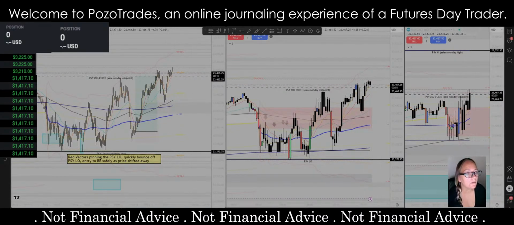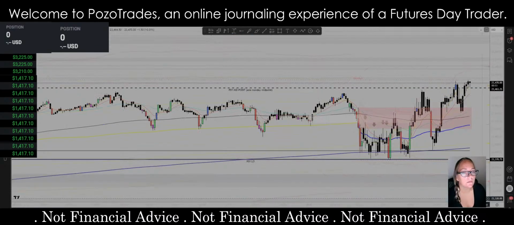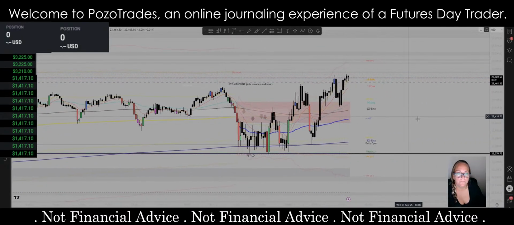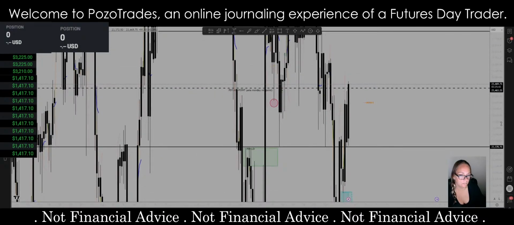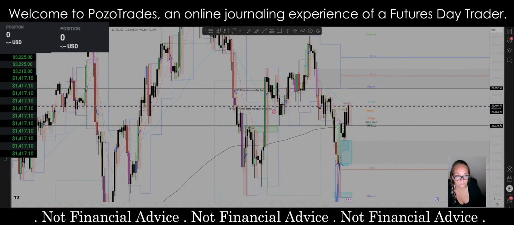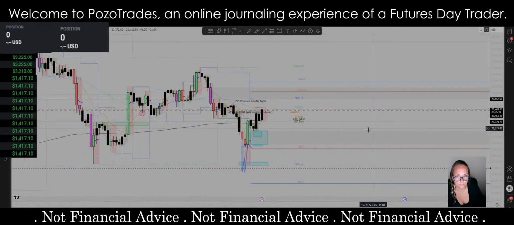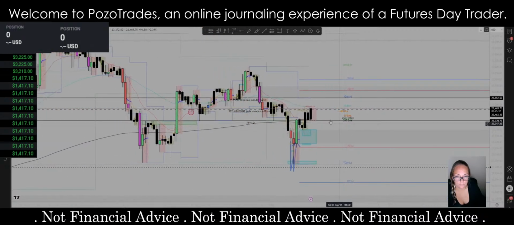Do it on this one. $483. We're about $10 from the 50 EMA on the 4-hour time frame.